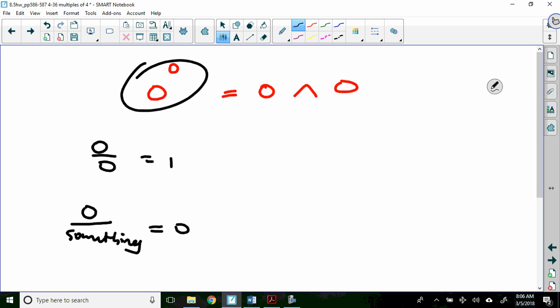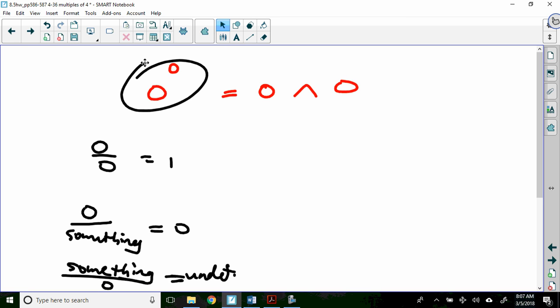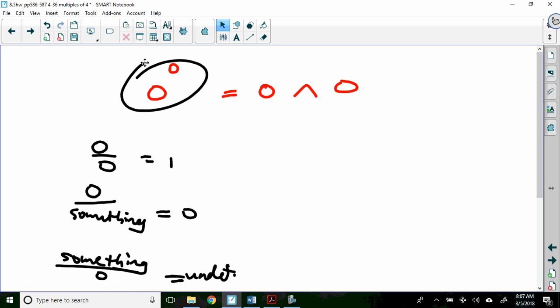And if you divide something by 0, what do you get? Undefined. 3 possible outcomes for the owl.